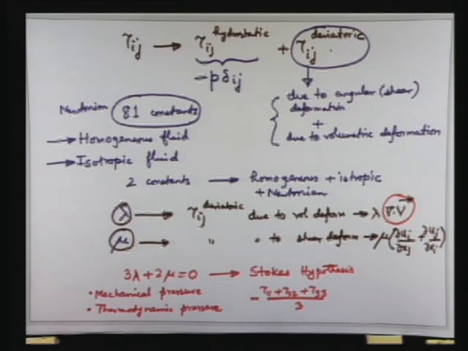Thermodynamic pressure is a pressure that is defined by the equation of state. The equation of state for an ideal gas, for example, is PV equal to RT.